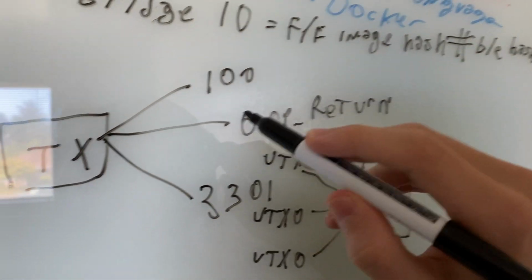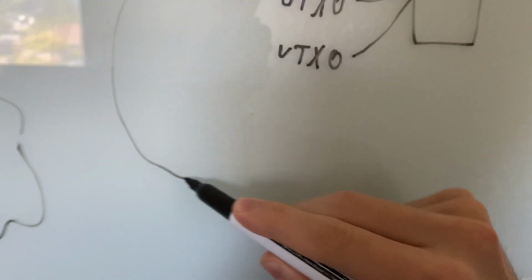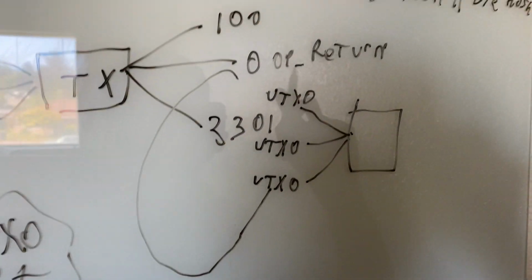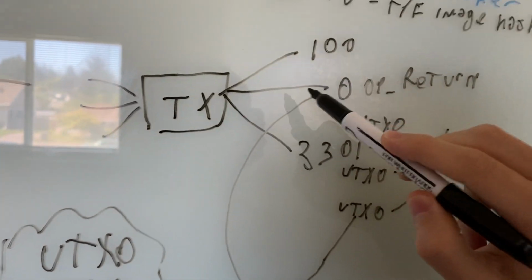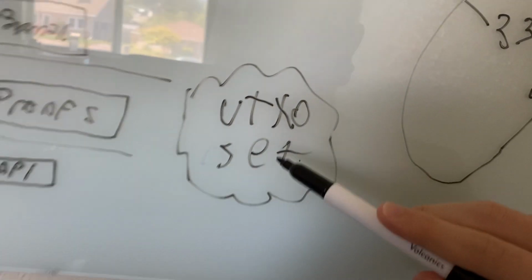So when somebody takes this 0 output value and wants to use it as an input, as a UTXO, it doesn't matter whether the script executes, because this 0 Satoshi output is not a valid entry in the UTXO set.